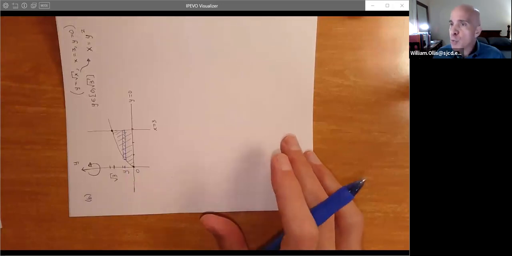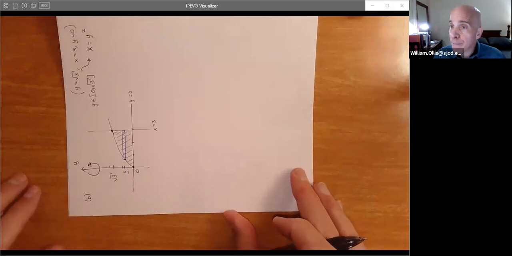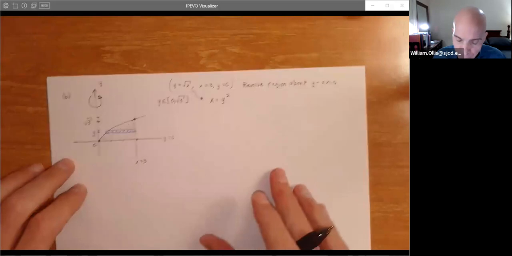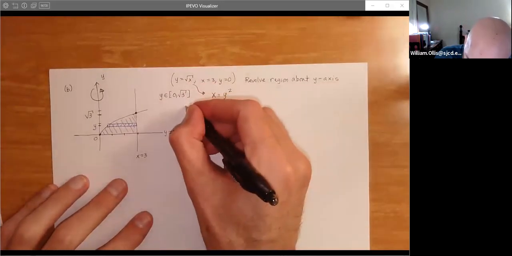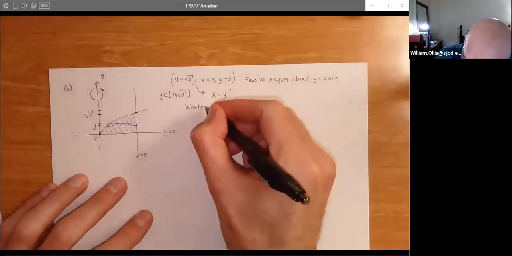So this is two applications of the disk method. This is where we don't have to learn a new construct. We just have to apply it twice. So what we can do here is say washer method.